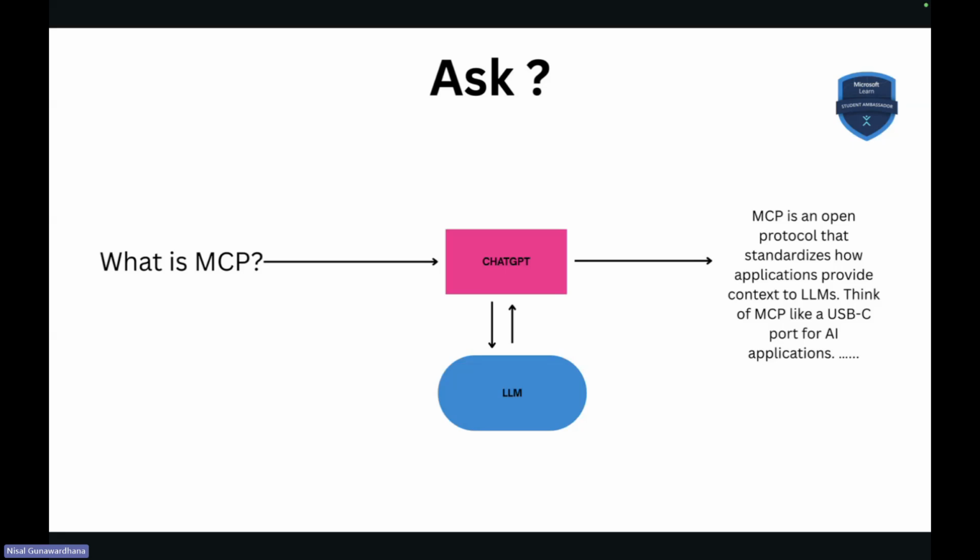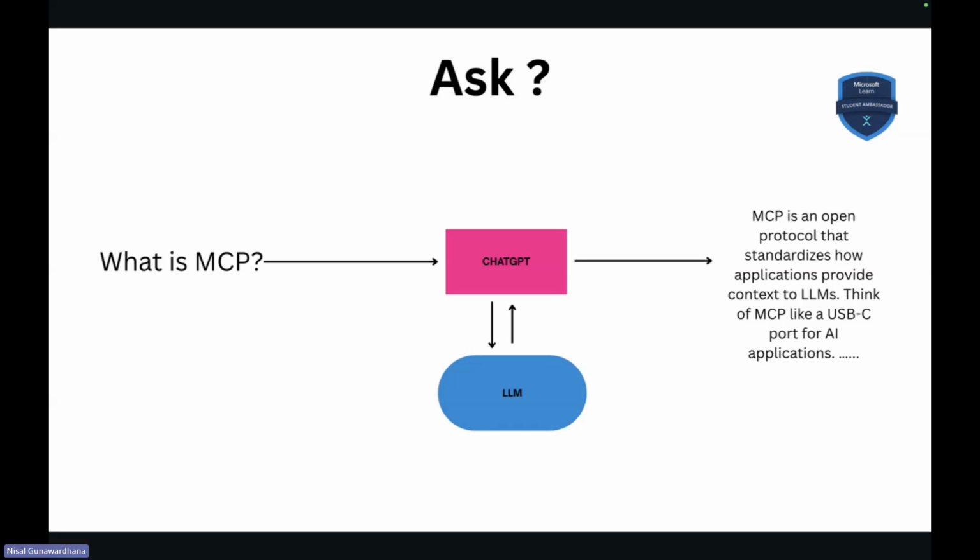Then how does GPT create an answer to this kind of question? This is the process. When we add a prompt to GPT, GPT generates the answer through the LLM. Our prompt is redirected to the LLM, the LLM generates the answer, and GPT gets that answer and returns it back to us, right?